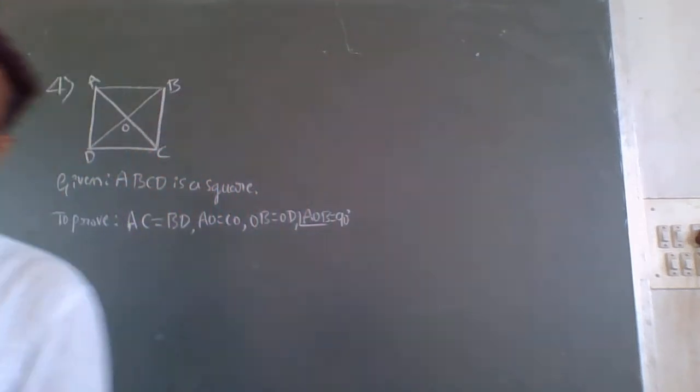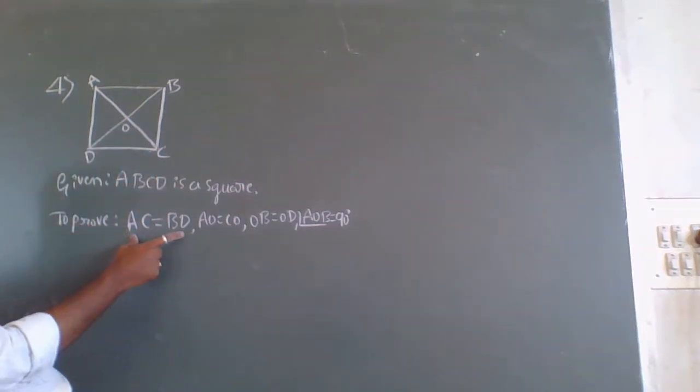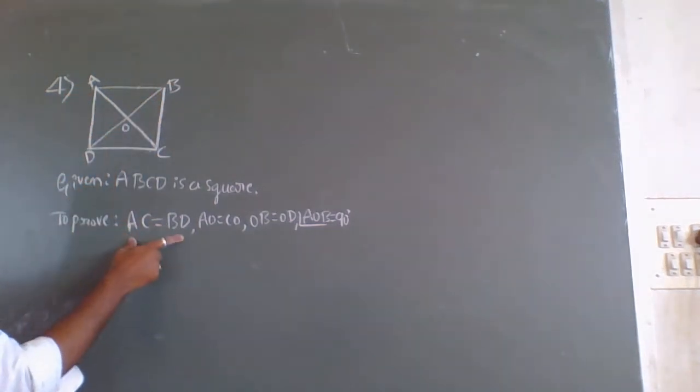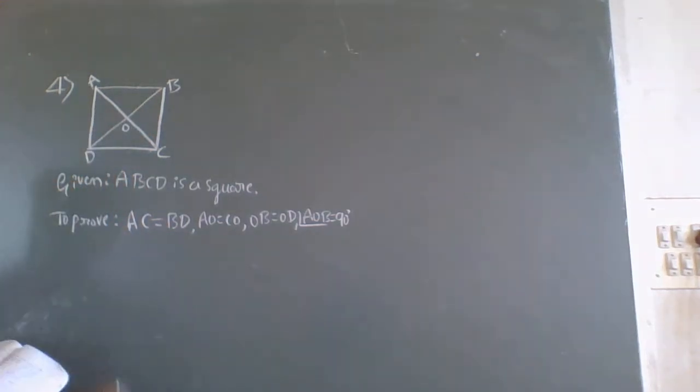So here, first we will consider one square. This is the square ABCD, and we have to prove that the diagonals of a square are equal, which means diagonal AC is equal to BD. Therefore, we have to prove this AC is equal to BD.